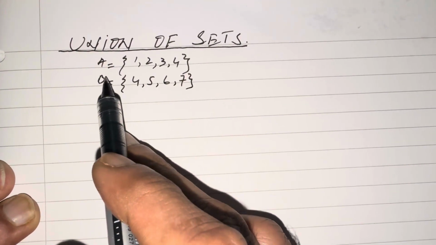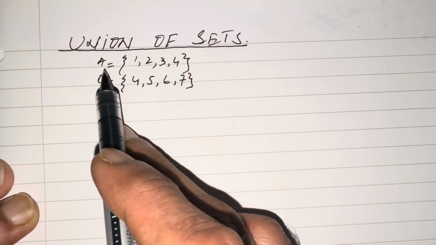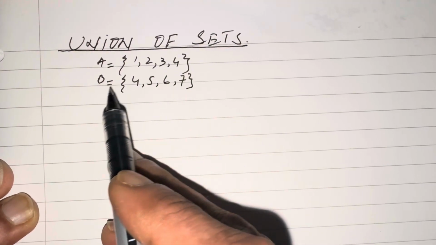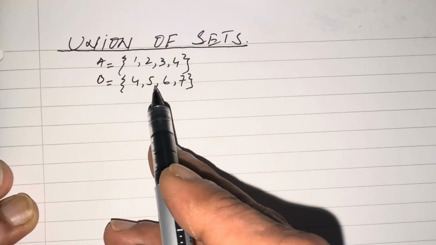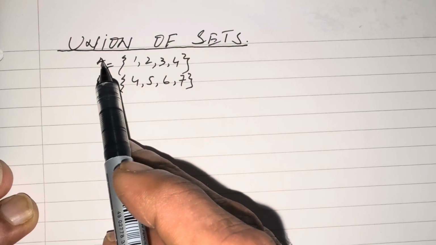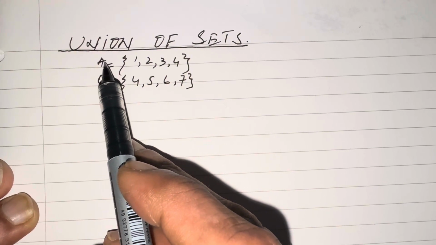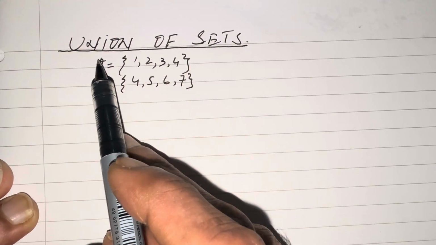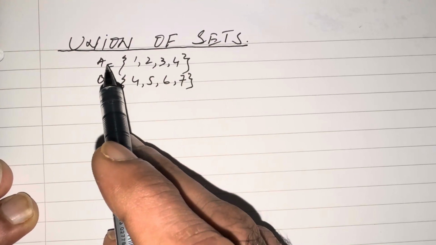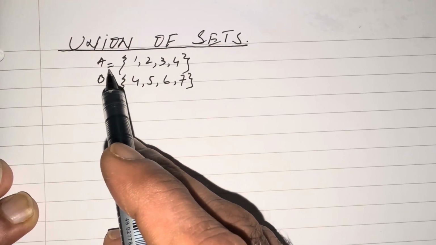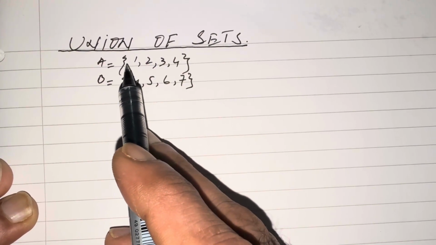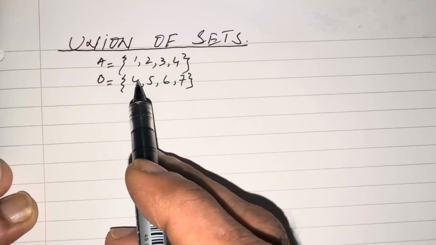So these are the two sets, A and B, A with the elements 1, 2, 3 and 4, and B with the elements 4, 5, 6 and 7. The union of sets means that we are going to find the relation between A and B, called the union of these two sets. Union of sets means that we will collect all the elements of A and B in one set.